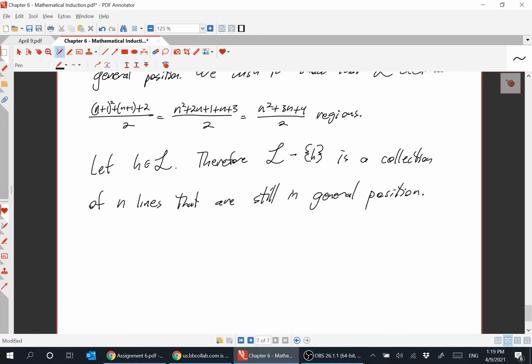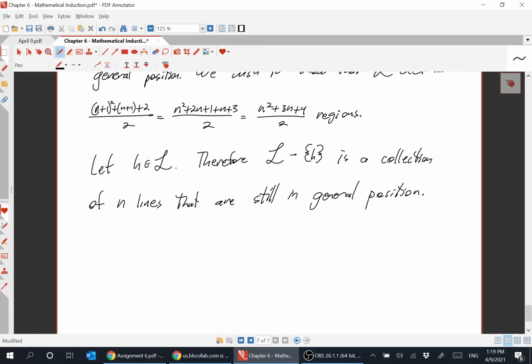What did we assume about n lines in general position? That they were split into n squared plus n plus 2 over 2 regions. Right, and that fact is called what?